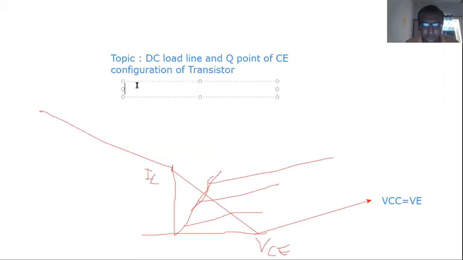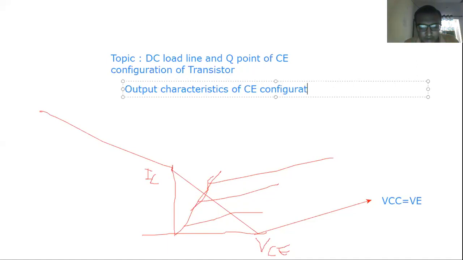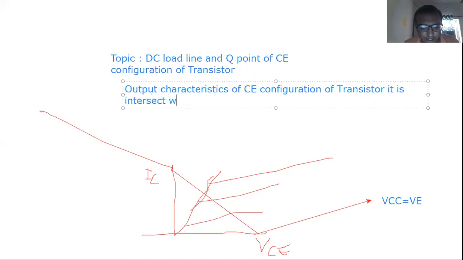The output characteristics of common emitter configuration of transistor intersect with the DC load line. It is known as Q point.